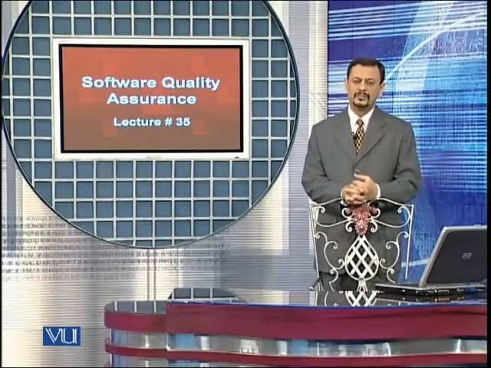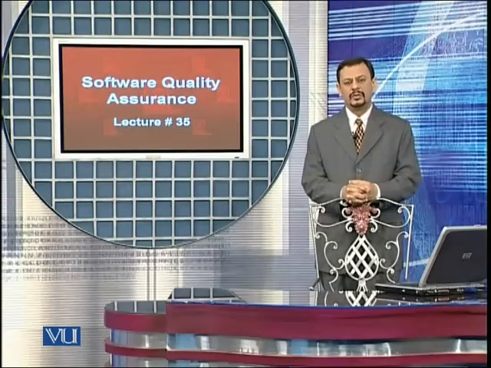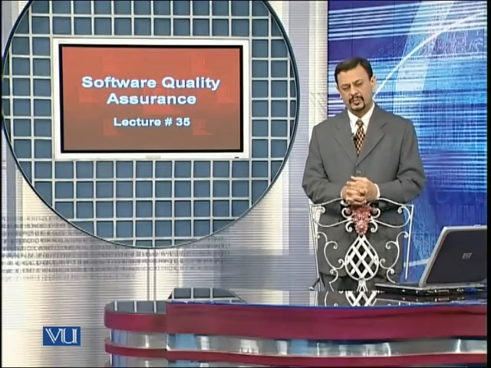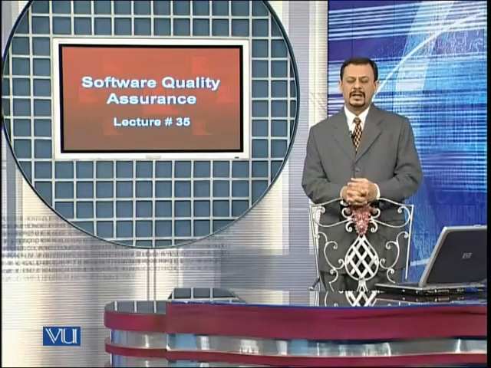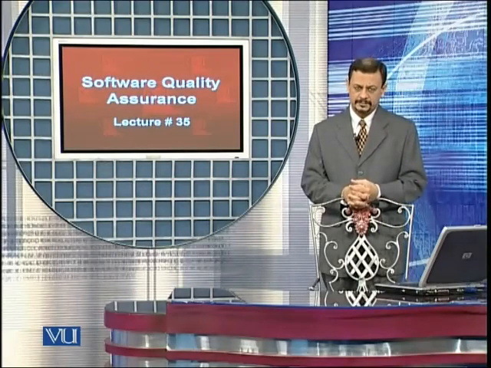We talked about identification, version control, change control, configuration audit, and status accounting and reporting. And after having a good grounding in these functions, we talked about the change control process.